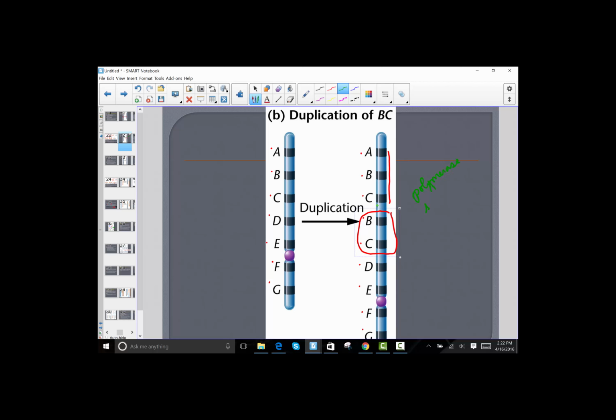So it can skip, or it can be confused and actually back up and copy the same piece again. Now we hope this doesn't happen very often.